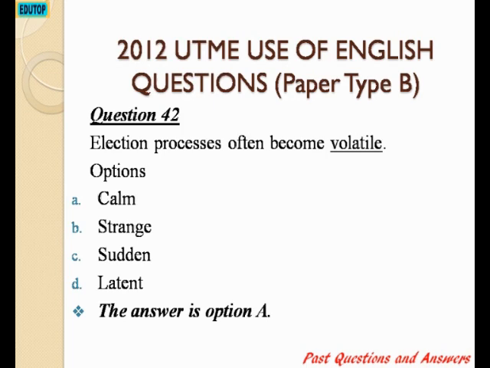Sudden means happening immediately or unexpectedly, while latent has to do with something that exists but is not active or cannot be seen. So the direct opposite of volatile is calm, because volatile has to do with something that is likely to change in a very sudden or extreme way. So we have calm as the opposite of volatile as used in the context.